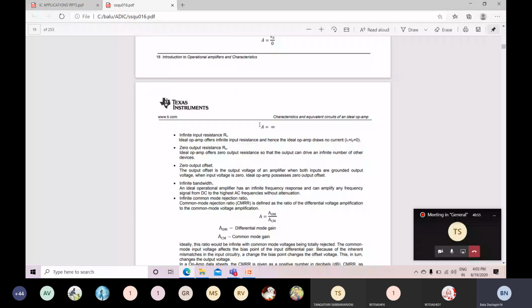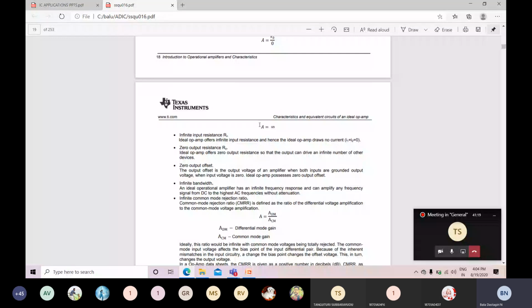And the next one is common mode rejection ratio. Common mode rejection ratio is defined as the ratio of differential voltage application to common mode voltage application. This CMRR should be infinite for an operational amplifier. So CMRR means the ratio of differential input voltage to common input voltage.